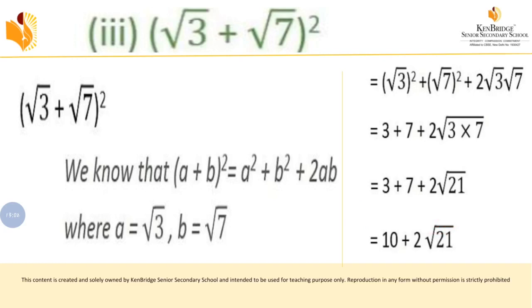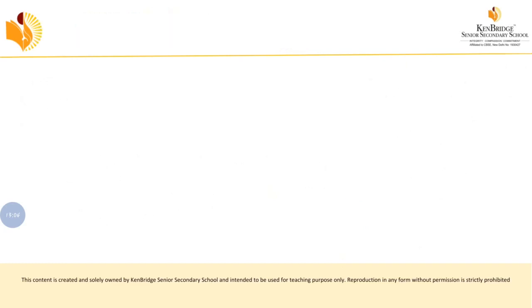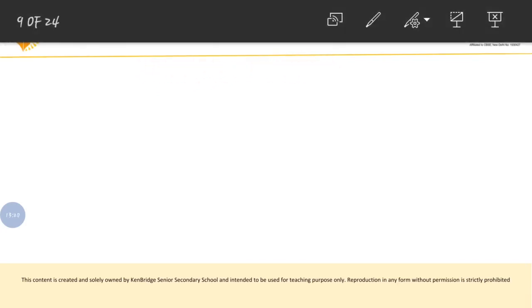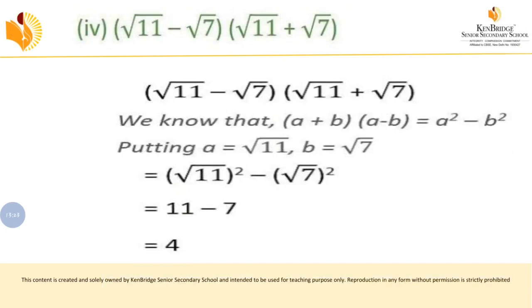So let's move on to the next one. The next expression is (root of 11 minus root of 7) and then (root of 11 plus root of 7). So this is looking like (a minus b) into (a plus b), the same way. So already we know the formula. (a plus b) into (a minus b) is equal to a squared minus b squared, and instead of a, we should write root of 11, and instead of b, we should write root 7.